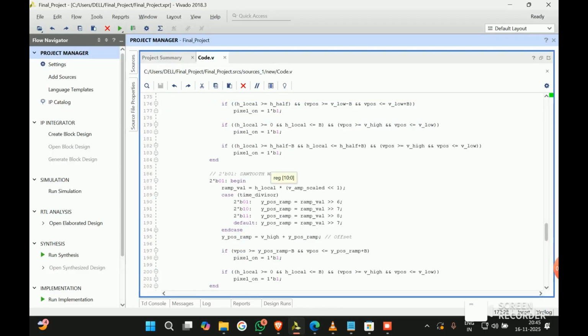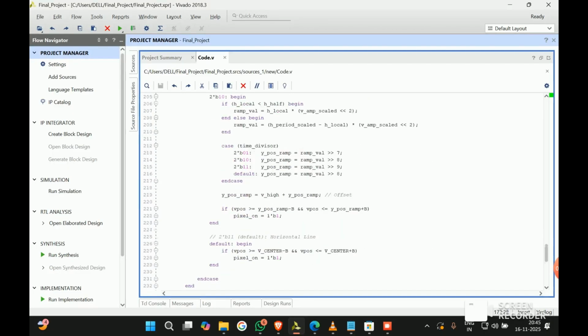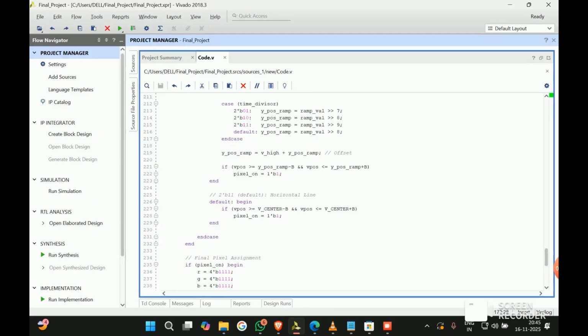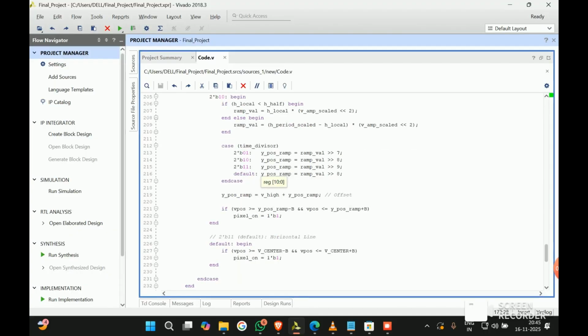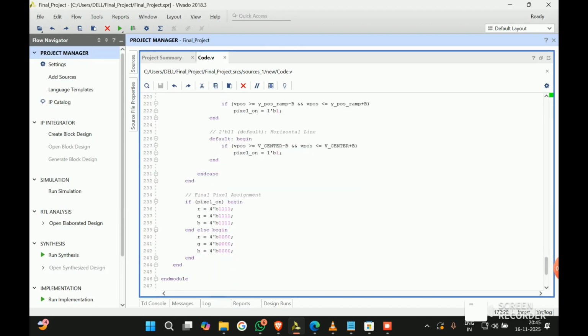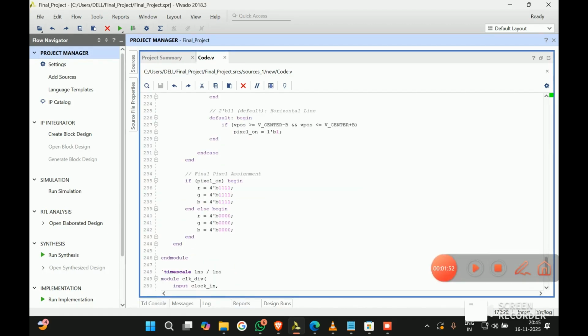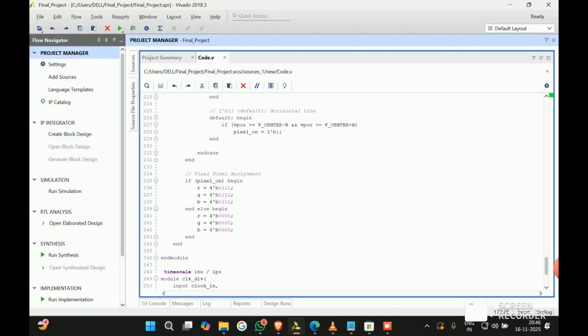And like we have the square wave, we have a sawtooth wave, we have a triangular wave, we also have a horizontal line. We can also generate sine waves. It's just a combination of how we can code these, and there will be a multiplexer which essentially selects which one of these signals we want, and based on that we have these RGB pixels.